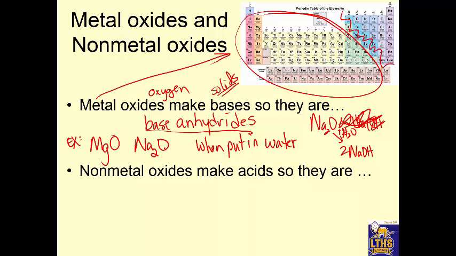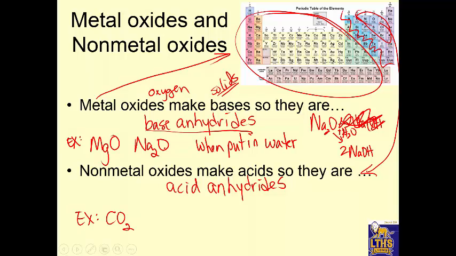Non-metal oxides, so that's this side of the periodic table, make acids when you put them in water, so they're called acid anhydrides. Let's do some examples. CO2: oxide, non-metal, so it's called an acid anhydride.